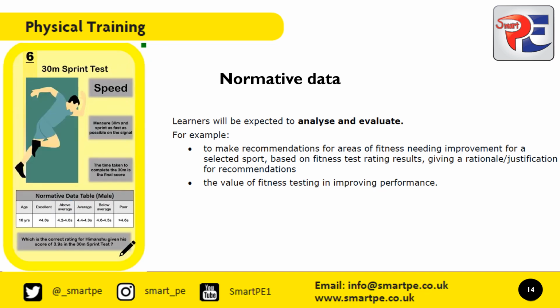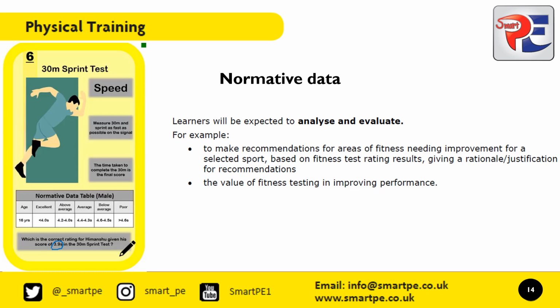The next one, a 30-meter sprint test. You've got to be really careful with things like measuring speed or time, because for the rating for Himanshu, given his score of 3.9 seconds, in order for the rating to be excellent, or as high as you possibly can, we want that time to be as low as you possibly can.